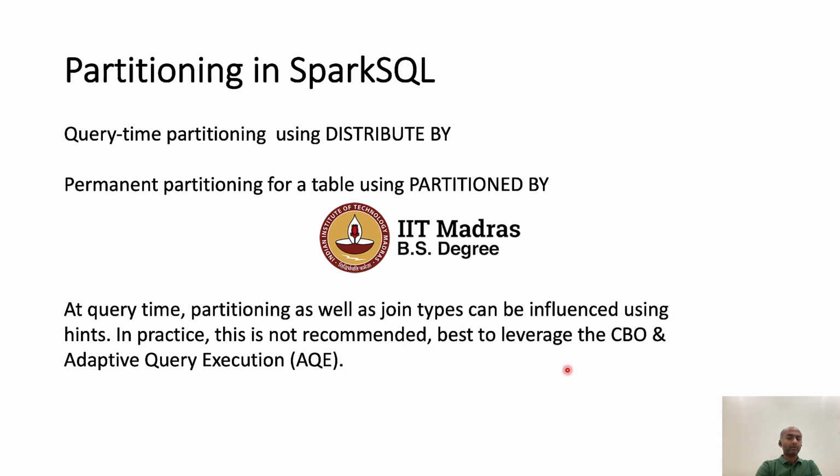So all of that is the role of the cost-based optimizer, and the specific functionality that SparkSQL also has, which is called adaptive query execution. So leverage that, and that's going to stand you in better stead than going down the road of hints. I'll spend a lot of time on CBO in the next video.